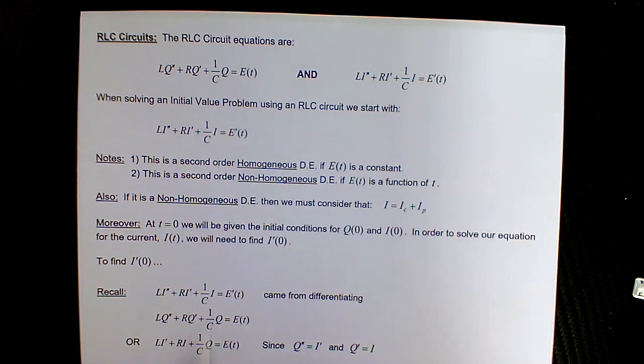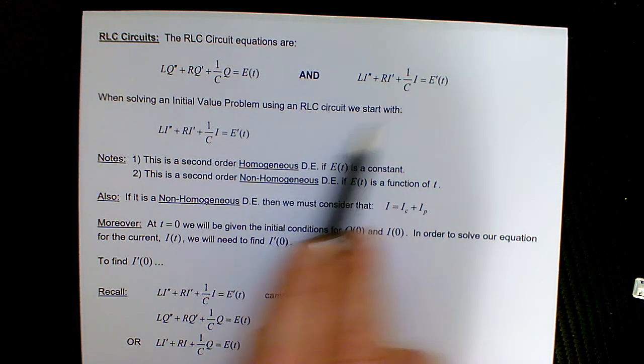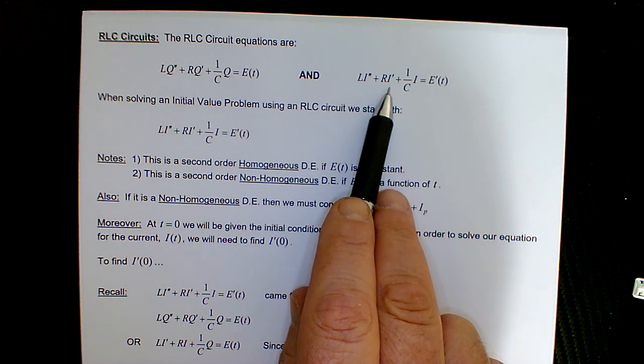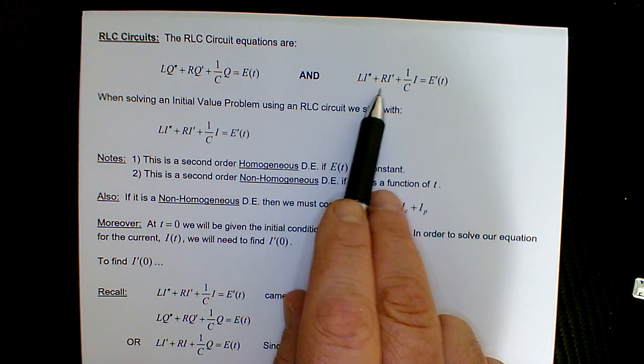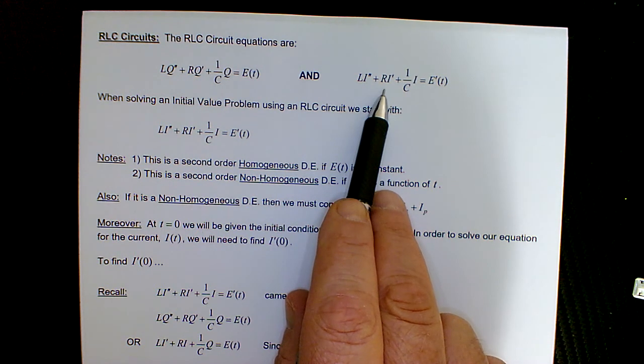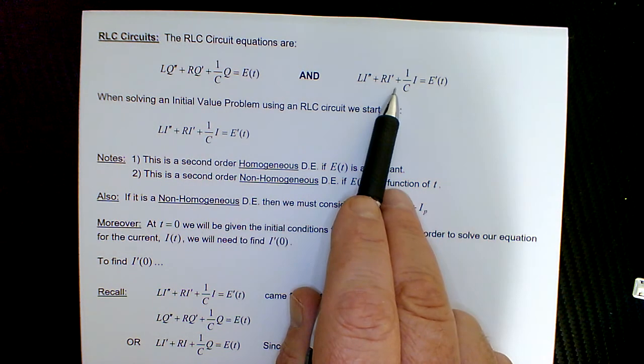So you can see we have our two main equations again, and we're going to start with, as opposed to solving for the charge in an RC circuit, then finding the current, in an RLC circuit, we're going to solve for the current, and then if necessary, we'll find the charge.